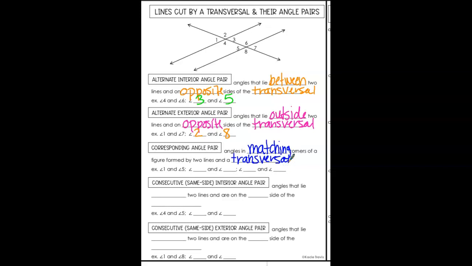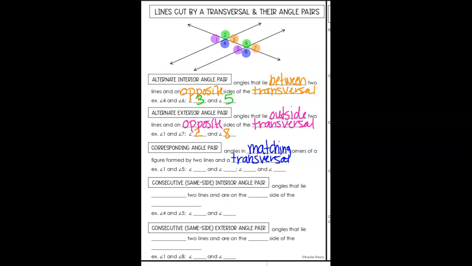Okay, so when I mean matching corners, I mean if I cut this in half right here and I took the top part and pasted it onto that bottom part right there, they would be on top of each other, okay, or they're in matching corners. So like angle 1 would match up with angle 5. Angle 2 would match up with angle 6. Angle 4 would match up with angle 8. And angle 3 would match up with angle 7. Okay, so they would lie on top of each other or they're in matching corners.